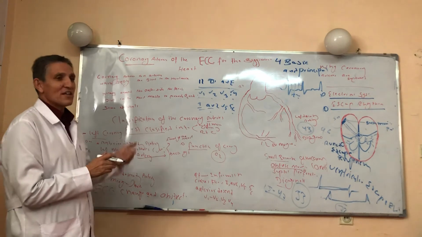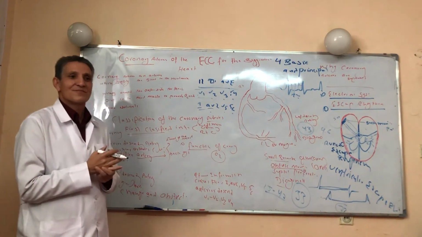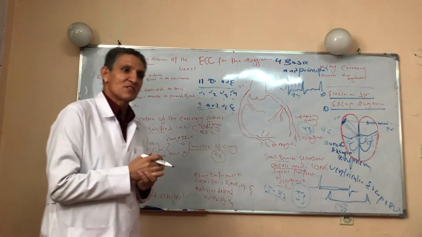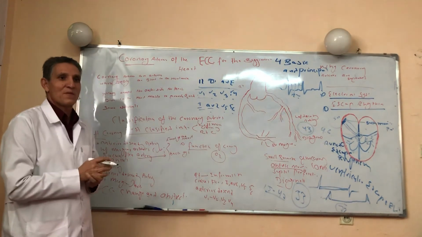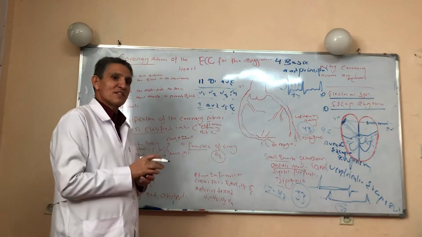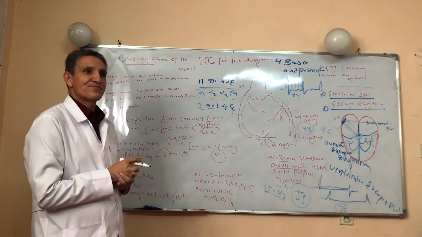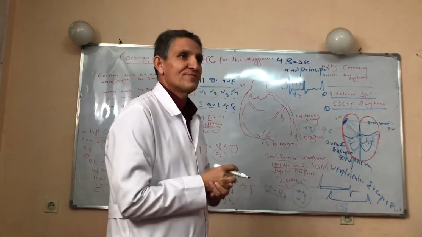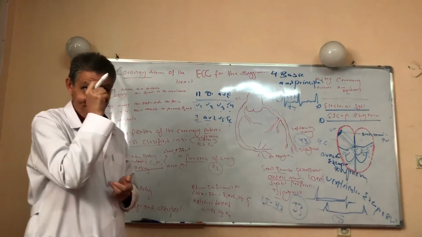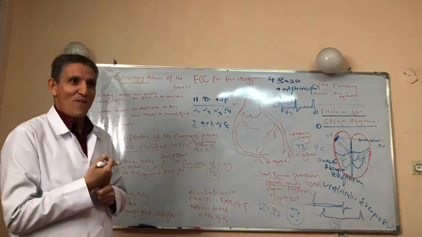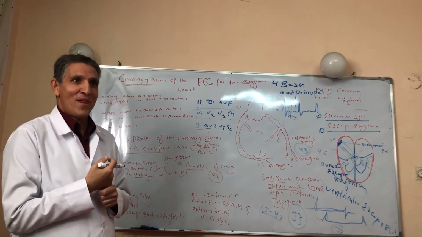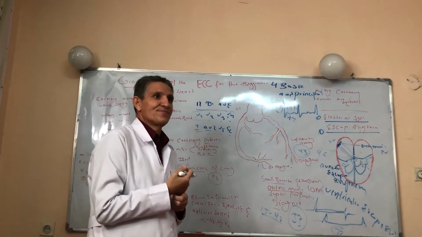Another topic is the anatomy of the heart. The heart is composed of an electrical part and a mechanical part. The mechanical part is the right ventricle and right atrium, and the left ventricle and left atrium.